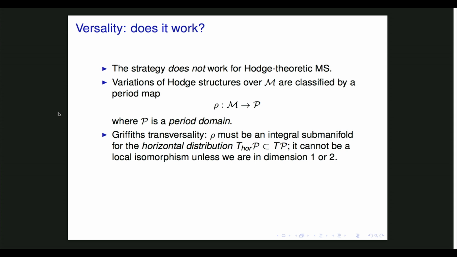I mean, you might imagine that maybe the image of the period map is the unique integral submanifold of this horizontal distribution if the distribution were involutive, and then you would still have some kind of uniqueness result, but even that is not true.